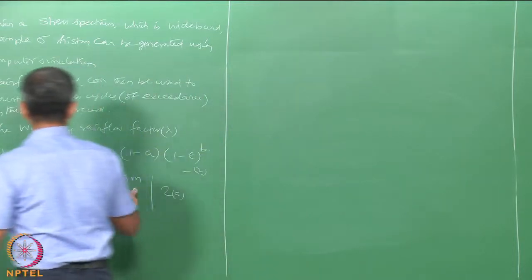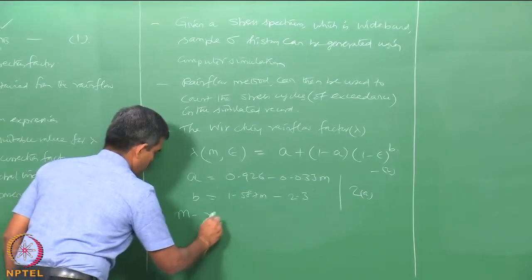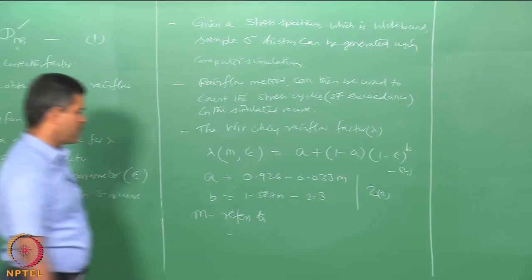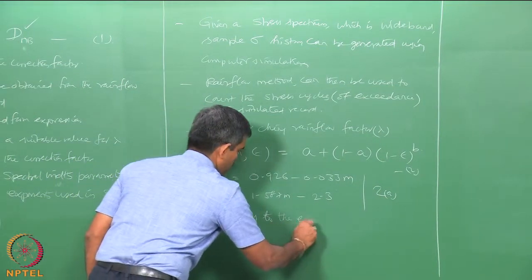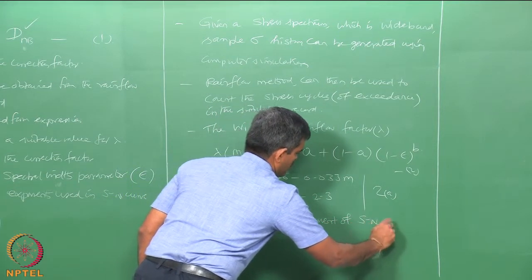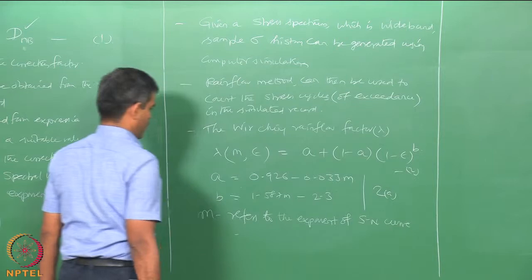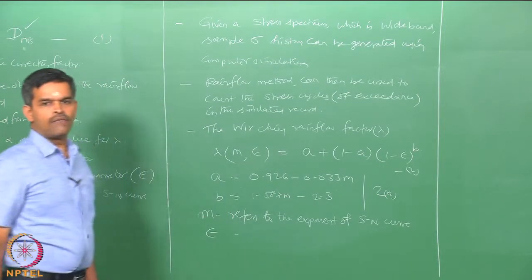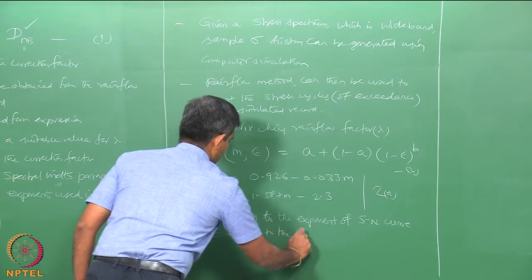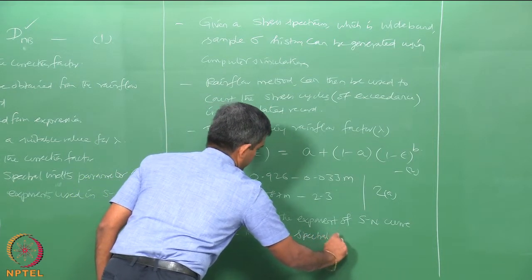So, we all know that m in this case refers to the exponent of the SN curve, and epsilon refers to the spectral width parameter.